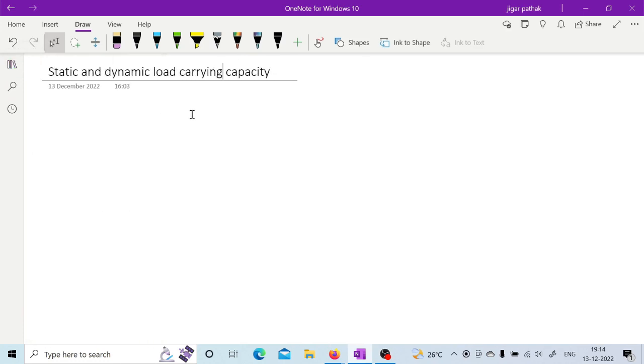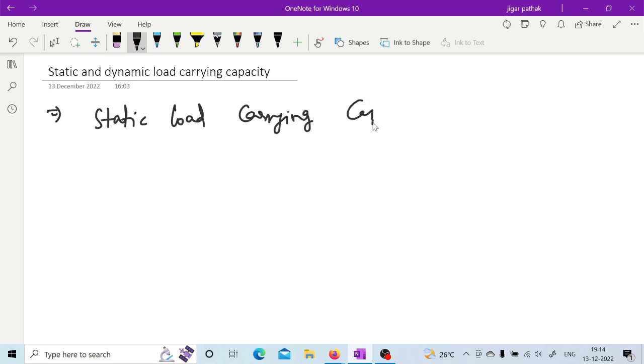Then there is static and dynamic load carrying capacity, right? Whenever we are designing these bearings, these two important things are there: static and dynamic load carrying capacity. Let us see first the static load carrying capacity. What do we mean by static load carrying capacity?